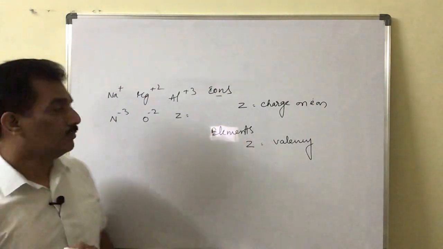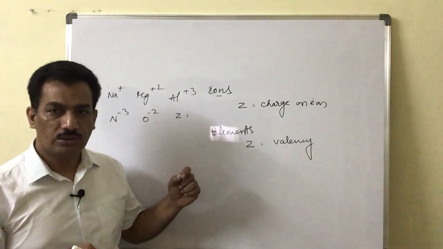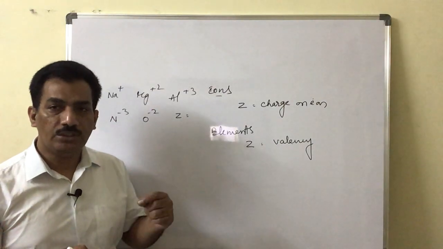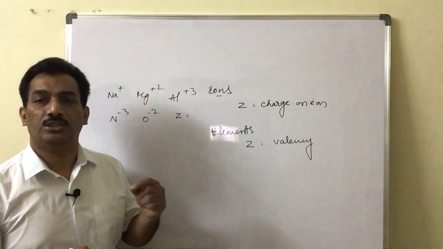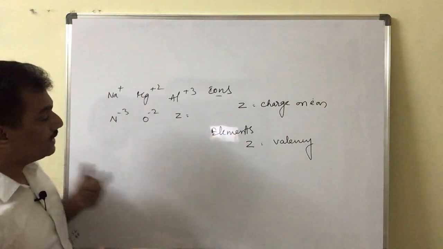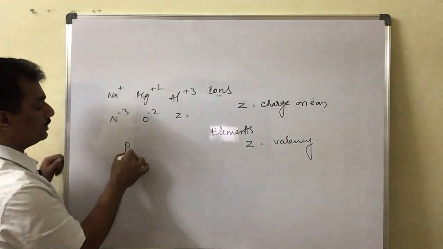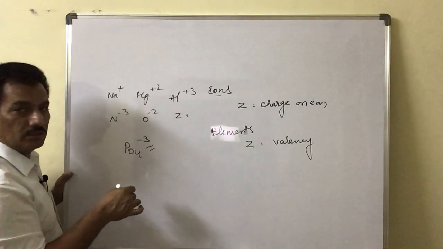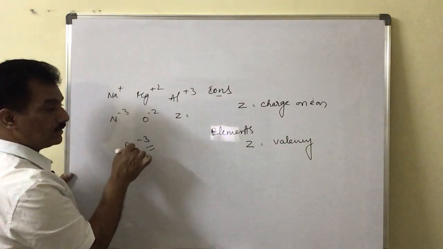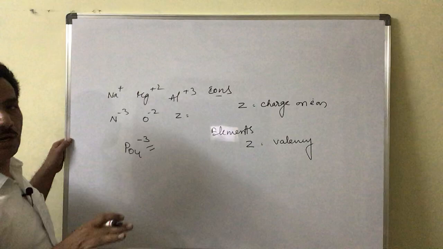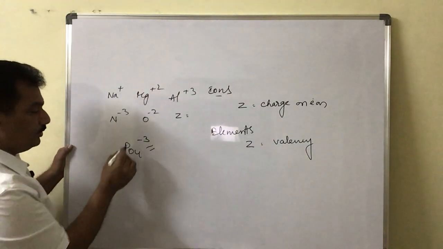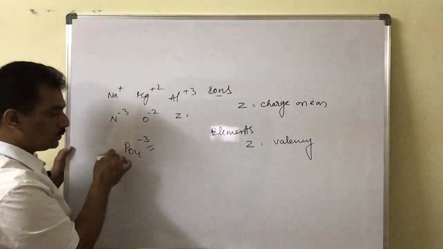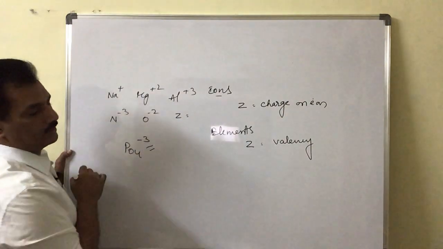Again I am repeating, in the case of monoatomic ions, the charge present on that ion is the Z factor. And in the case of polyatomic ions also, the charge is taken as the Z factor. Here it is Z factor, not N factor, just remember. The charge present on the total ion is the Z factor.